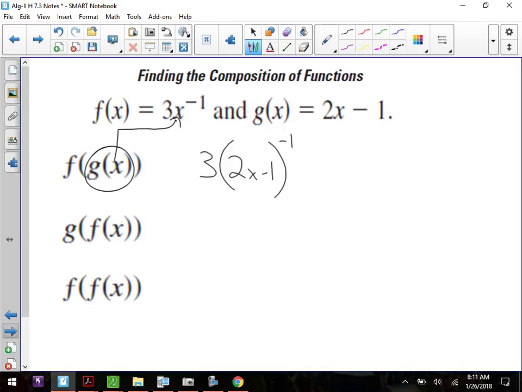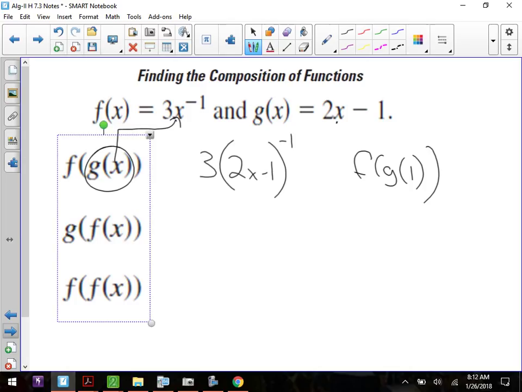If we did f of g of 1, I'd figure out what g of 1 was first, and I get 2 minus 1, which was 1. Then I'd take this value of 1, and I'd throw it to here. It's the same idea, but it's non-numerical. There's no number. You're just taking the actual function of it.